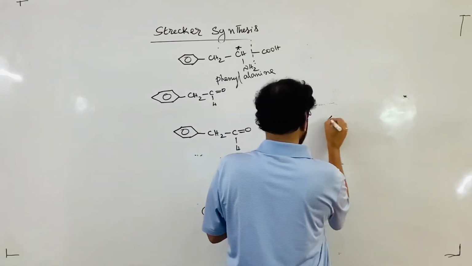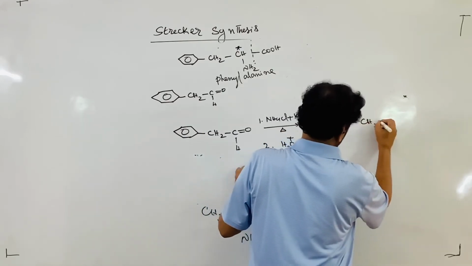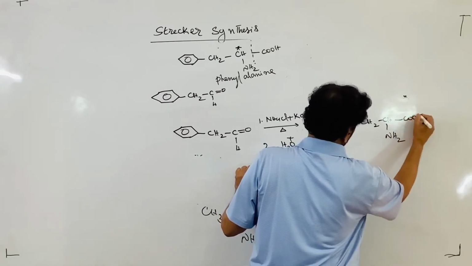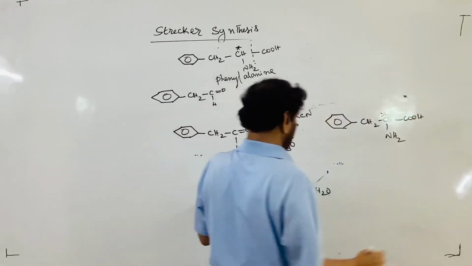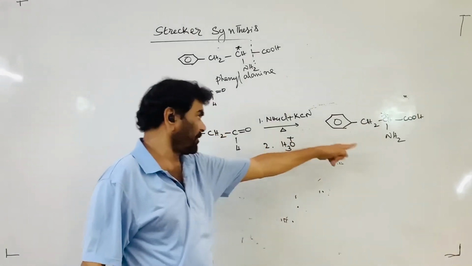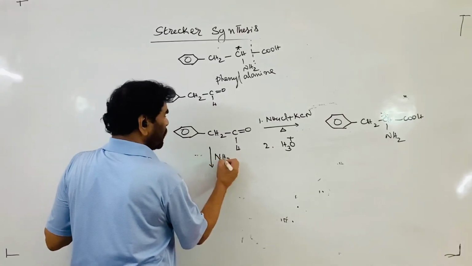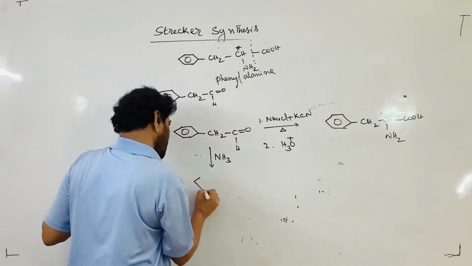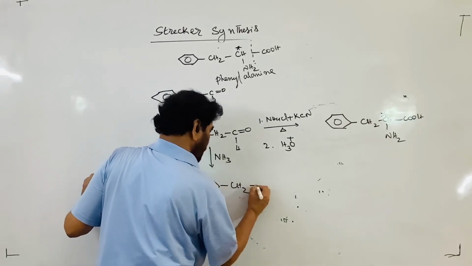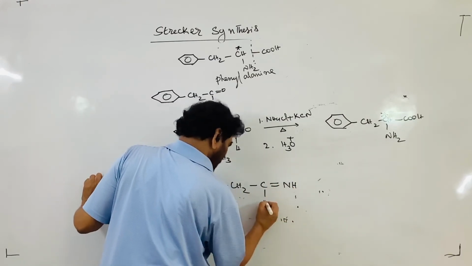So I am writing the overall reaction. CHNH2, this is COOH, this is my aldehyde carbon. The first step is the ammonia. I told you where ammonia comes from. The corresponding imine is formed. The aldehyde is converted into imine.